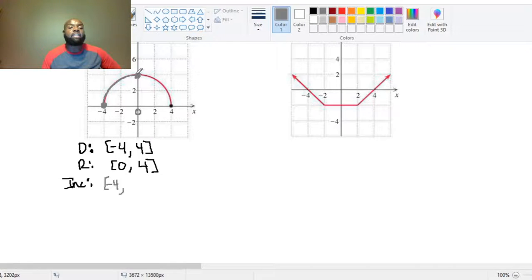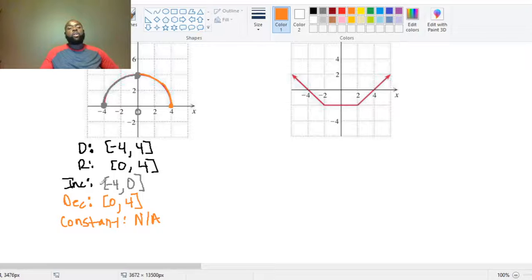And this point is the last point where it looks like it's increasing, and that has an x coordinate of 0. So it's increasing from -4 to 0. And then the other part of my graph, from here to here, my function is decreasing. All right, this point has the x value of 0, and the other point has the x value of 4. There are no intervals where my function is constant, and so I'm going to say not applicable.